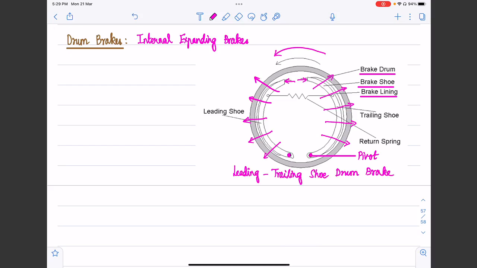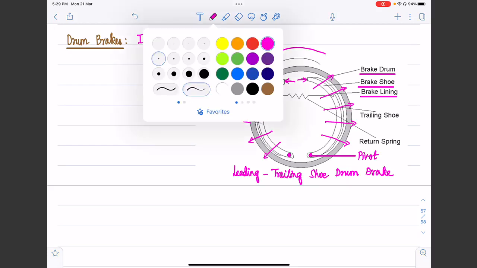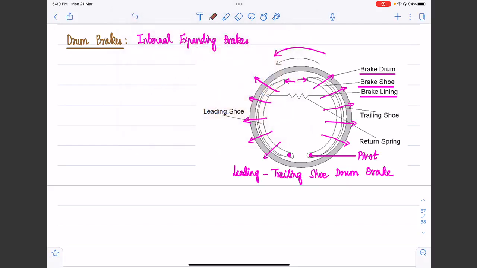Of course, in today's vehicles we have what is called a duo servo drum brake, which we will see later on. But first, let's draw the free body diagram and do the analysis of this so-called leading shoe and trailing shoe. Once again, I'm going to do a very simple first-cut analysis of this process.